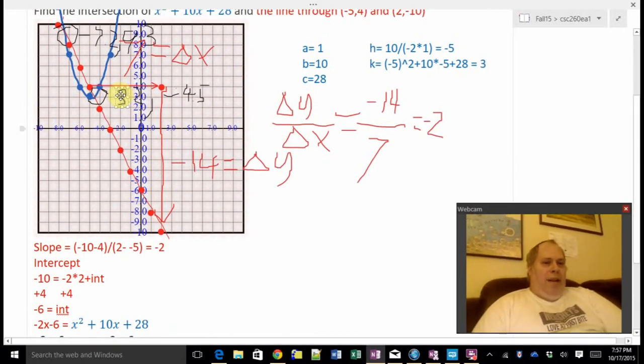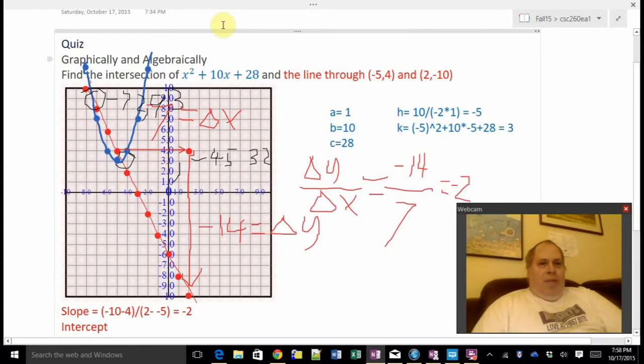So graphically, like I said, this is a check. So what I've done is I've screwed this up. Look at that, I moved the little point over here. Didn't work. Let's just leave that.